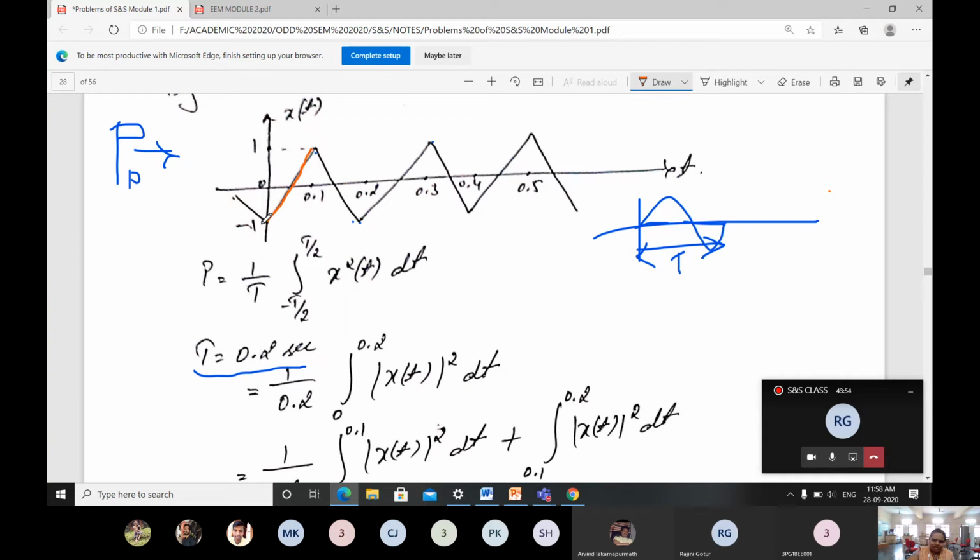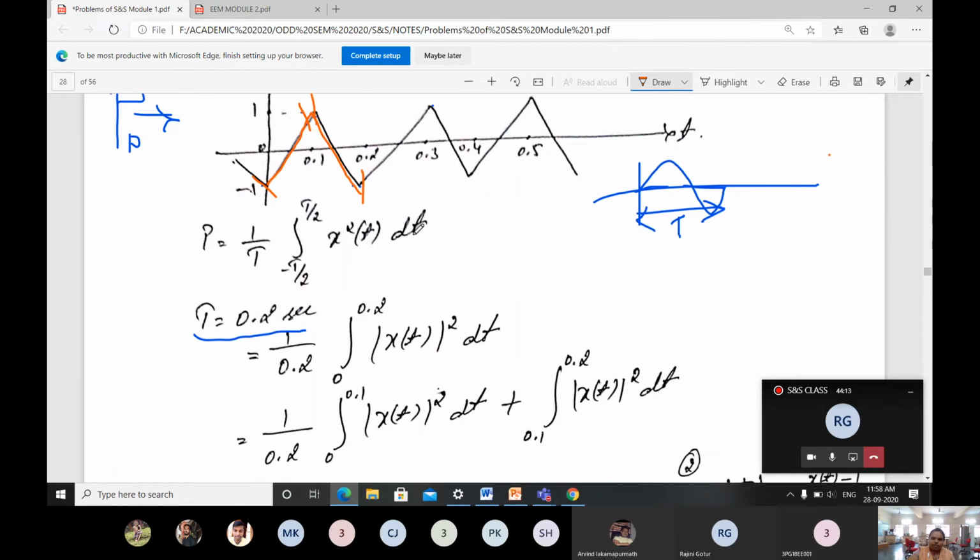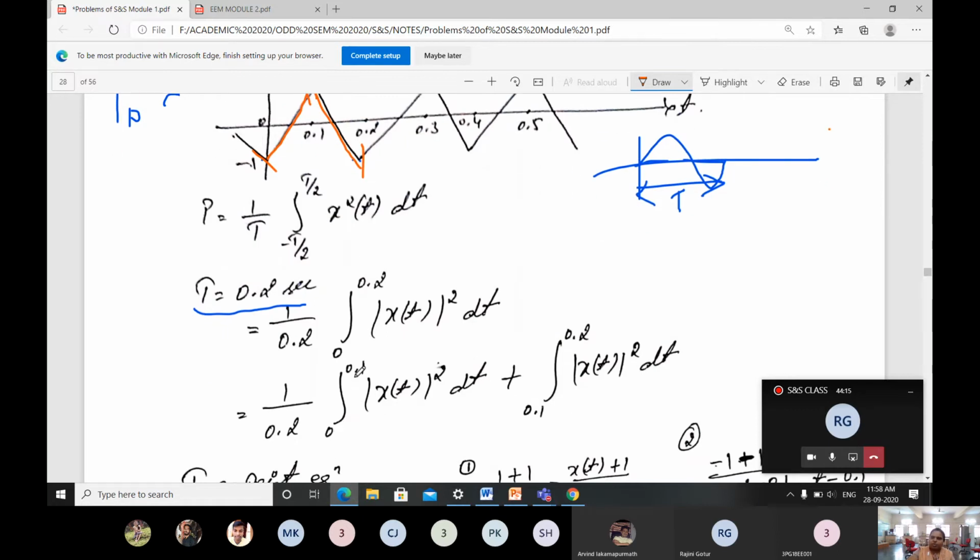It is like this, this one line. Okay, 0 to 0.1 is a straight line, and again from 0.1 to 0.2, one more line is there. So I can take the two line equations here, from 0 to 0.1 and then from 0.1 to 0.2. For that reason it is divided: 0 to 0.1 x of t whole square, then 0.1 to 0.2 x of t whole square into dt.